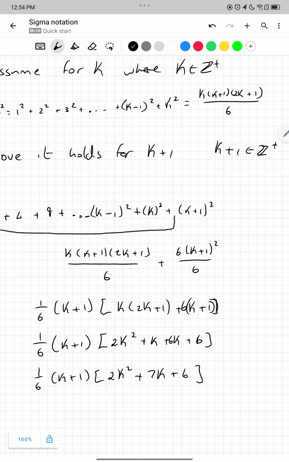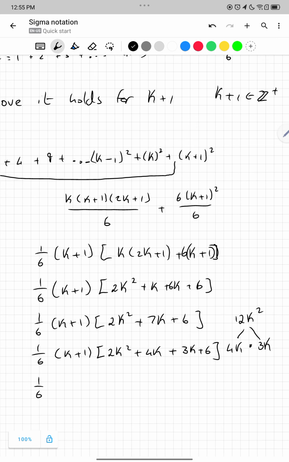If I multiply the first term and the last term, I get 12k squared. The factors that form 7, sorry, it's 4k and 3k when added together. So 1 over 6 times (k plus 1) times (2k squared plus 4k plus 3k plus 6).